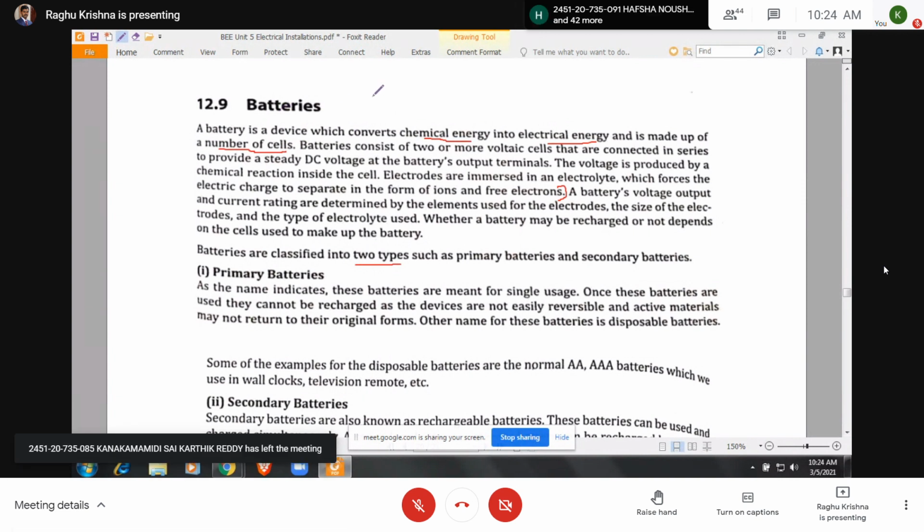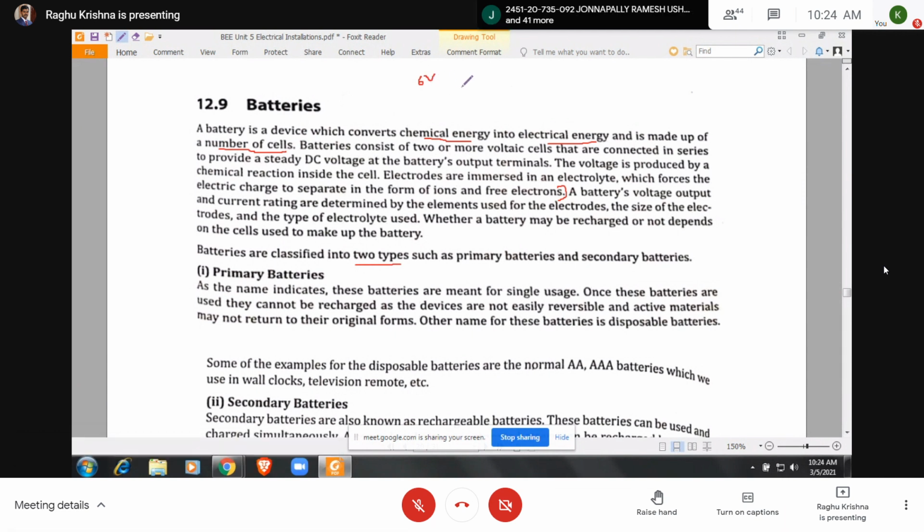If you take a 6 volts battery, which you use in an emergency lamp, in that you are going to have 3 cells, each of 2 volts, forming a 6 volts battery. In your two-wheeler also you are going to use a battery.